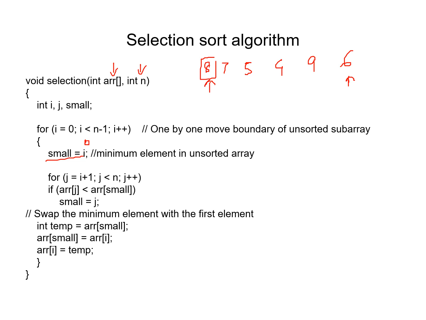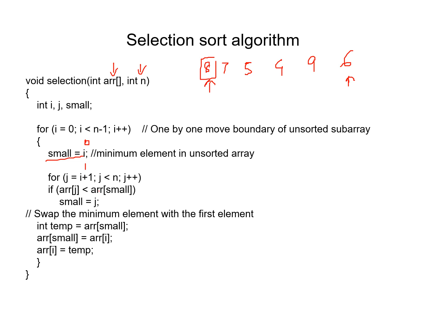That's why the j loop starts from I plus 1 and goes up to n. I plus 1 is 1, so it will check array 1. Array 1 is 7. 7 is compared to 8. Is 7 less than 8? No. So the small value will not be changed.